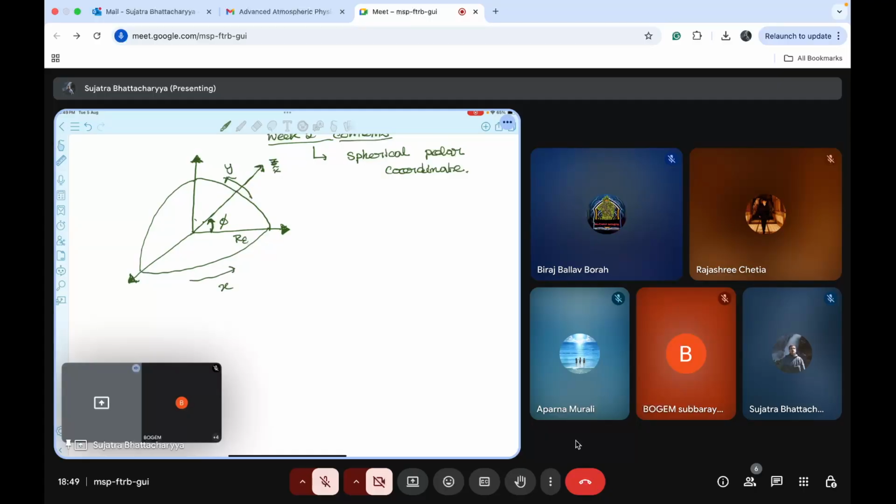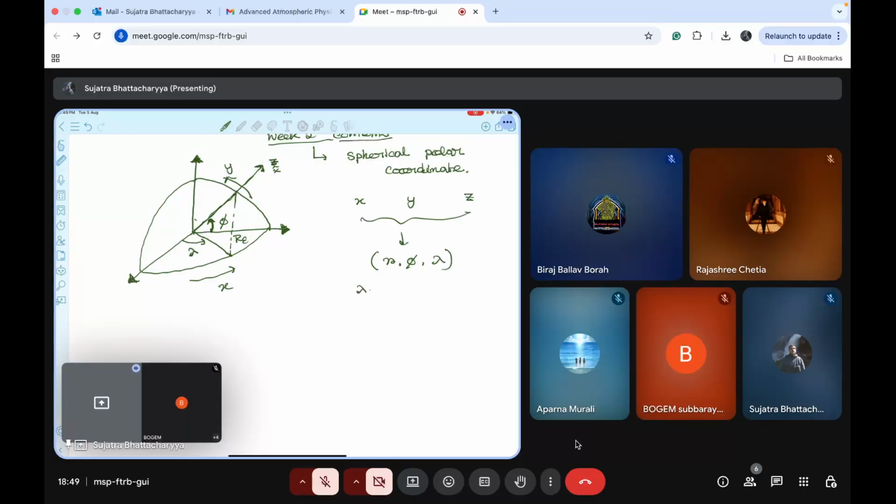Okay, so now if I put a projection of this line on this plane, this becomes your lambda. So what is the change? Earlier in the Cartesian coordinate, you have x, y, z, which has its own convention. We are converting these three into r, phi, and lambda.